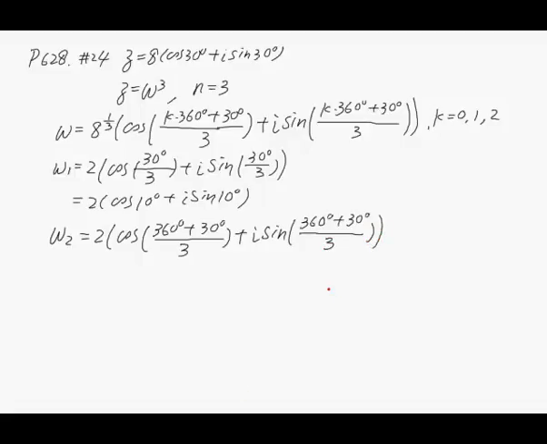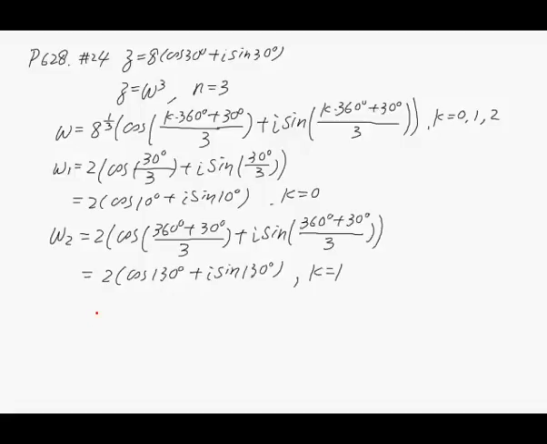Now let's simplify. 360 degrees divided by 3, you have 120 degrees. 30 over 3, you have 10. 120 plus 10, you have 130 degrees. So you have 2 times cosine of 130 degrees plus i times sine of 130 degrees. And this is the second root. This first case is when k is equal to 0, and this is the second cube root when k is taken to be 1.